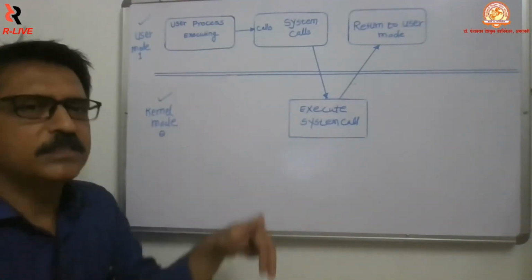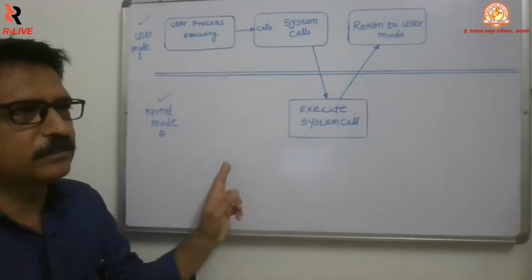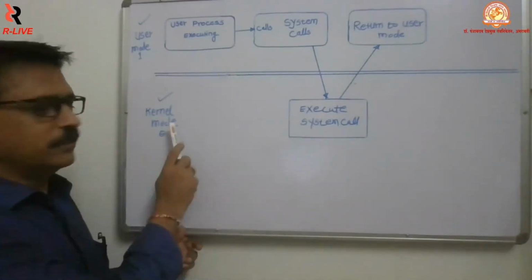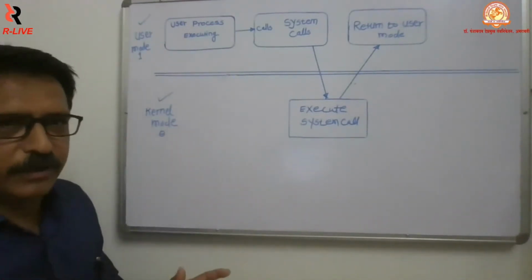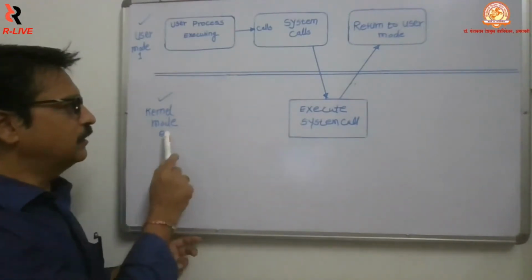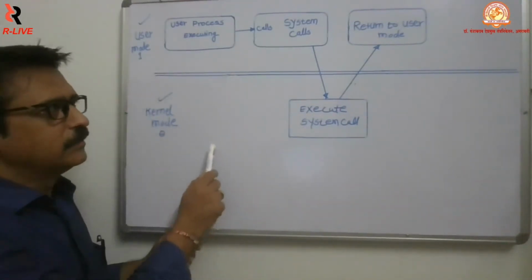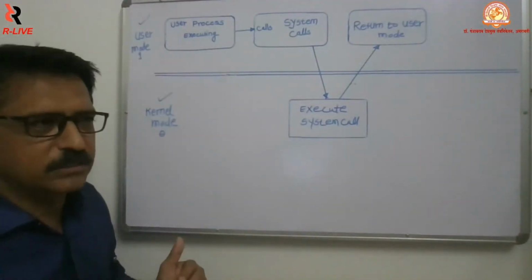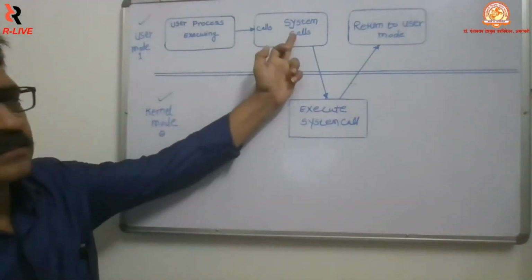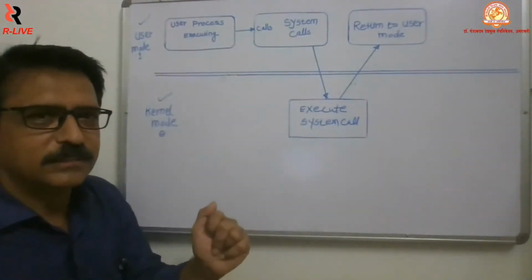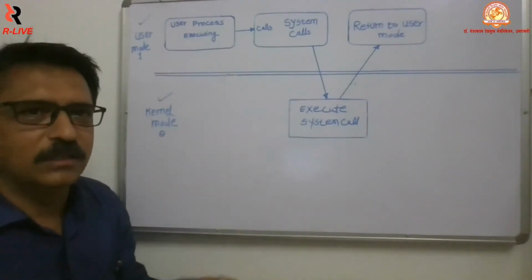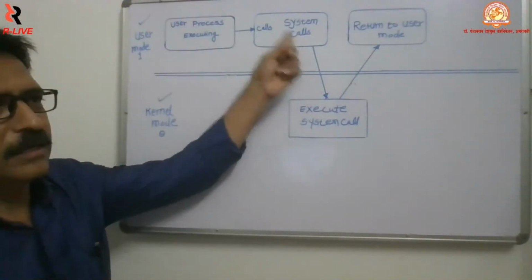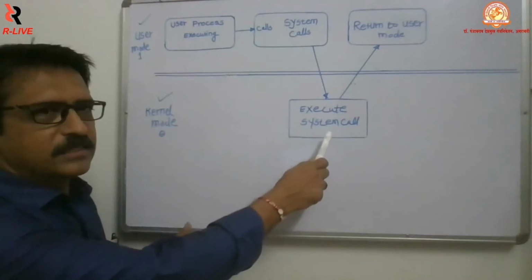This printf works over the monitor, and the monitor is an IO hardware device that works under the kernel. When the user wants to execute such instructions, it makes a special type of call that is called a system call, and then it executes that system call.